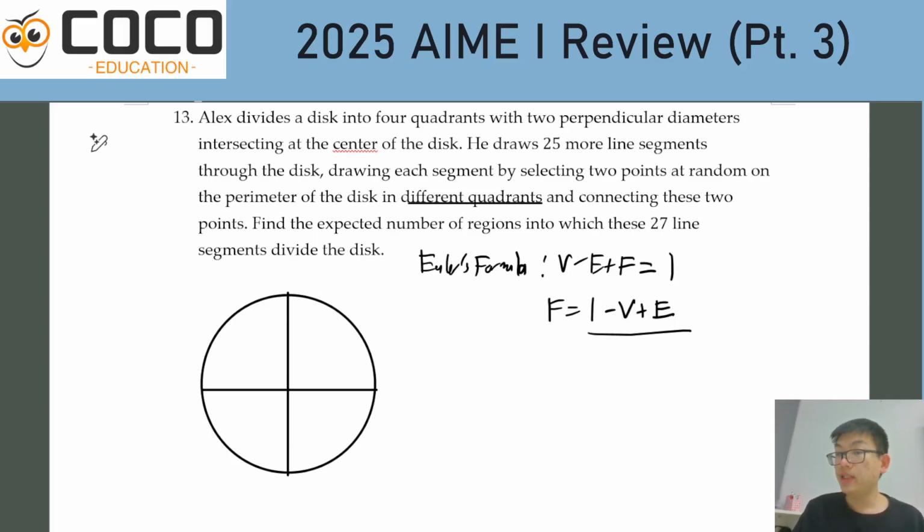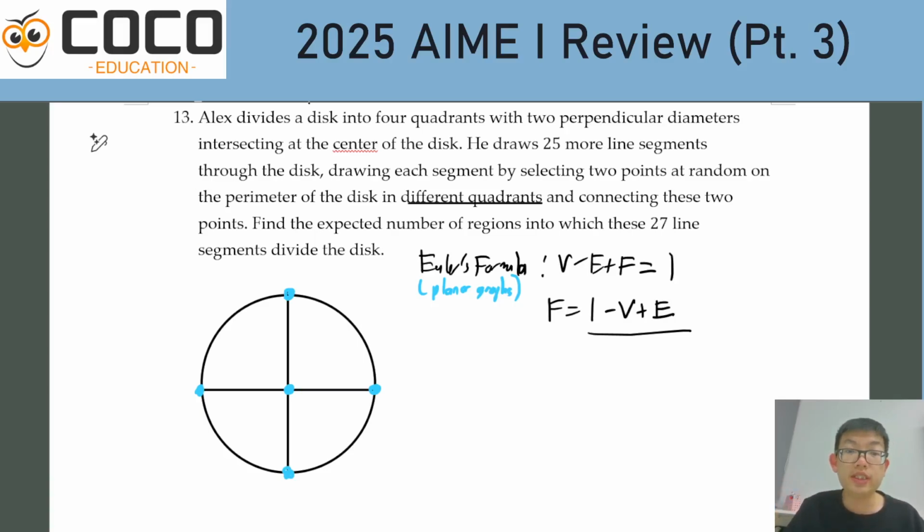But hang on a second. Vertices are not just going to be the endpoints. Now, this Euler's formula applies to planar graphs, meaning things that you can draw with no intersections of edges, meaning that if you want to say this has no intersections, you have to count this as a vertex as well.